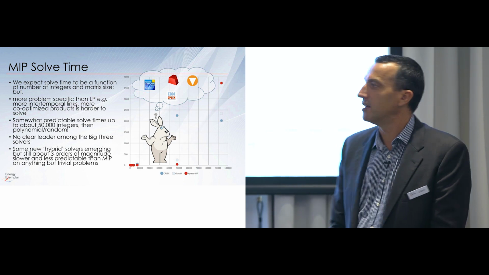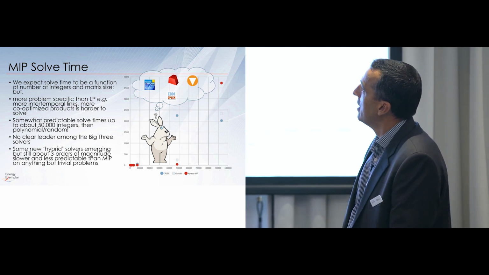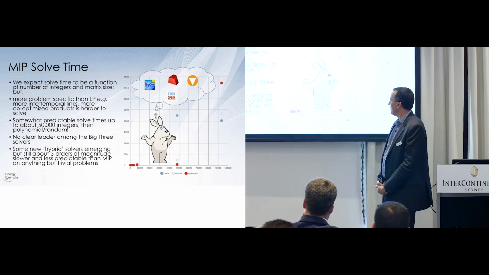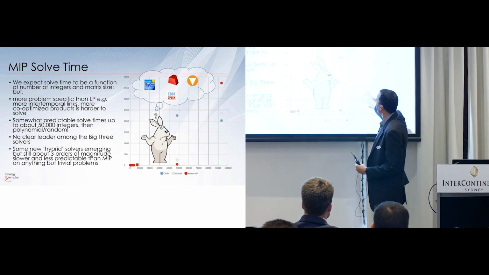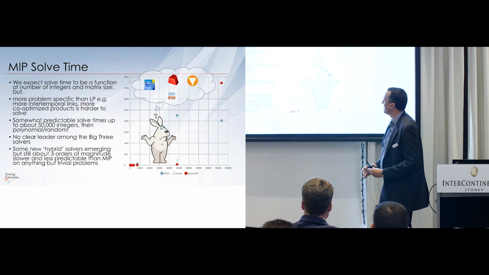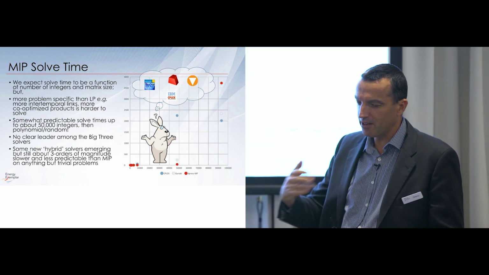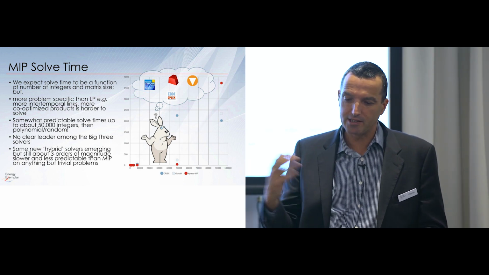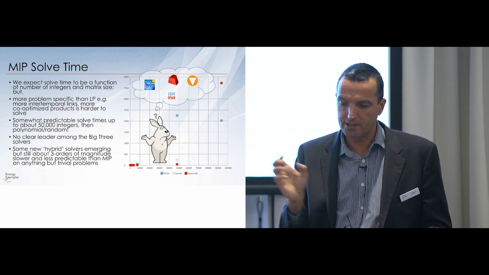But now MIP algorithms have improved to the point that their solve times are almost predictable, although it's still hard to find any kind of correlations in here. But depending on your application, many applications, including a lot of unit commitment problems, the solve times are quite predictable now.